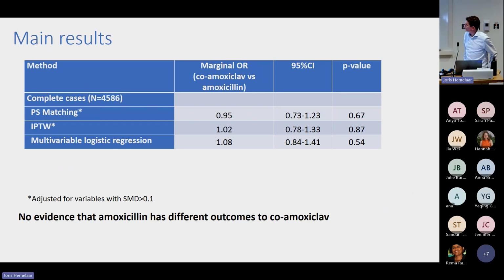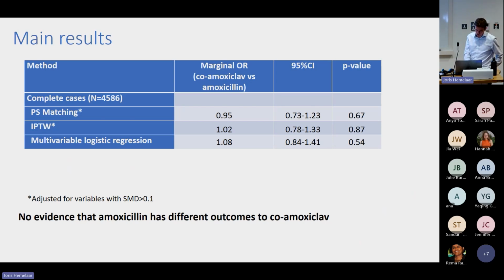Now, the answer we get here is quite surprising. For me at least, it's slightly disappointing, because I wanted to say that co-amoxiclav was necessary, but we find there's no evidence that amoxicillin has different outcomes compared to co-amoxiclav, using either the propensity score matching approach or the inverse probability treatment weighting.